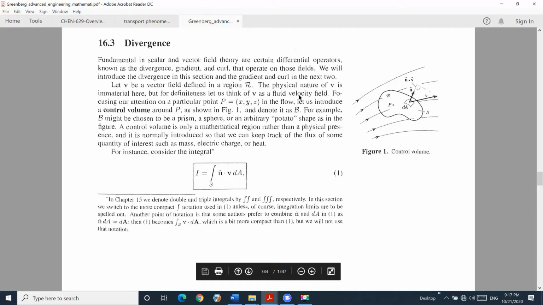Focusing our attention on a particular point, let's say any point P in the control volume R, with position x, y, z in the velocity flow, let us introduce the control volume around P.